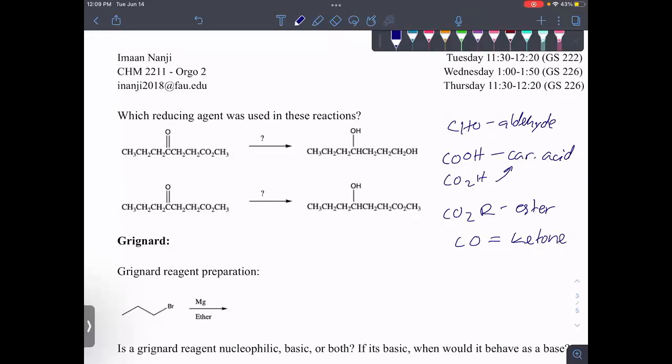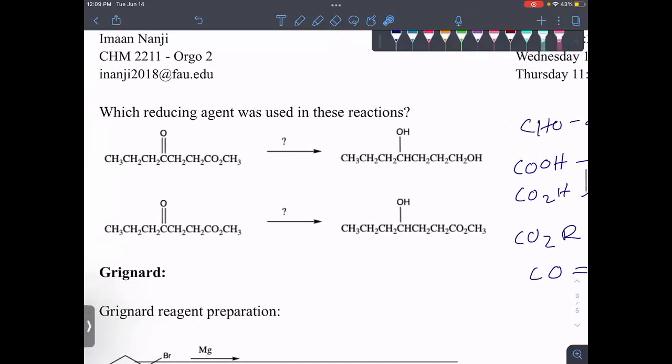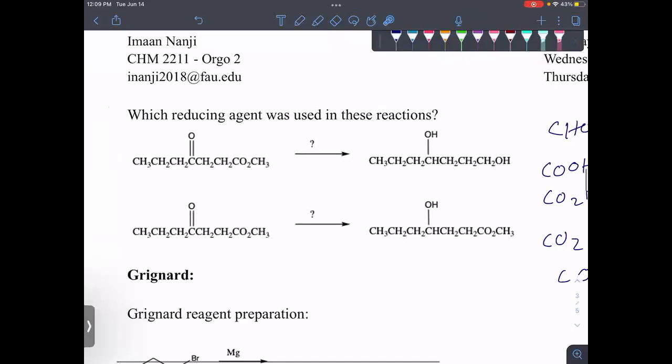So with this, let's look at the first one. What functional groups are present in those formulas? So we have a ketone up here. That's obviously a ketone because the carbonyl is drawn out. And then the CO2R group is your ester. So if it was CO2H, it would be a carboxylic acid, but it's CO2CH3.